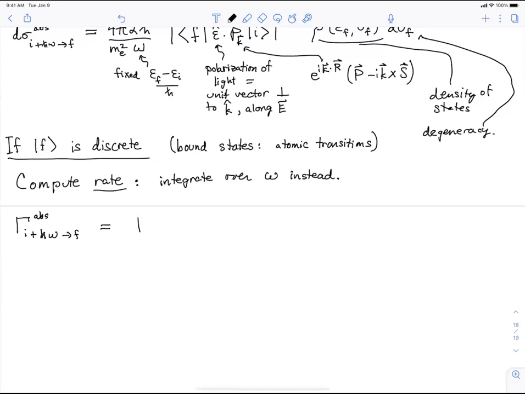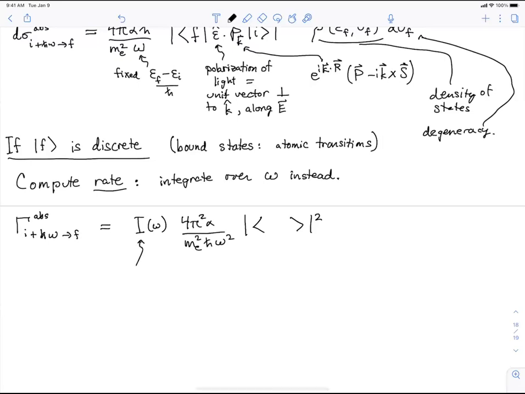So I'm going to write down a factor I of omega and tell you what it is in a minute. But then the other factors here look like this. So there's the usual fine structure constant. There's the same matrix element squared. The form of that at least isn't going to change. So I'm just going to write it schematically.